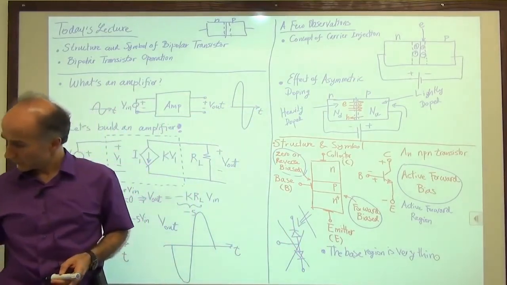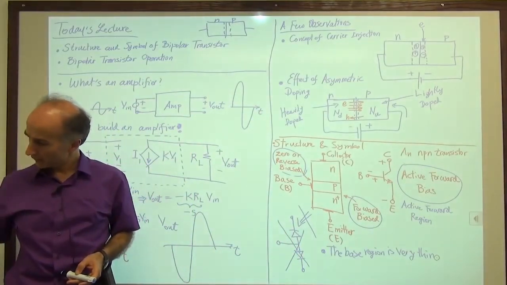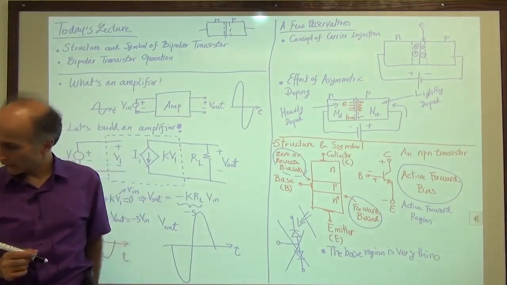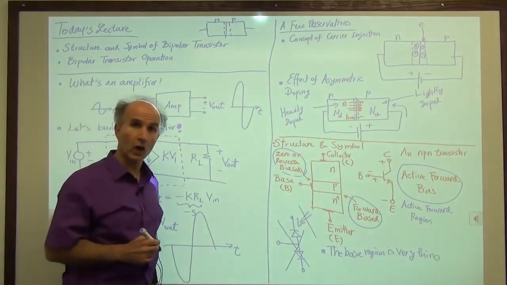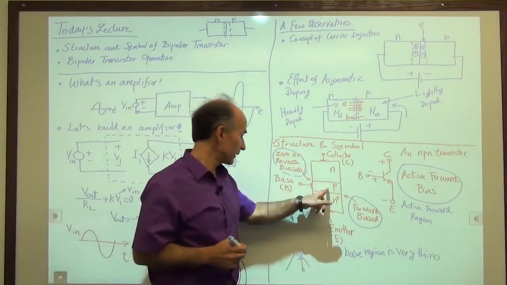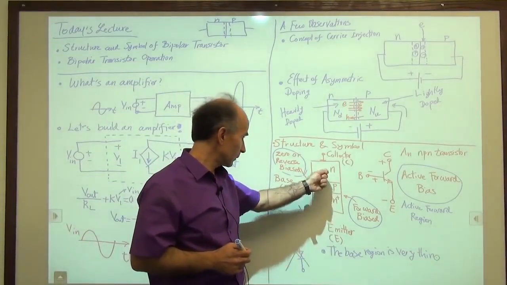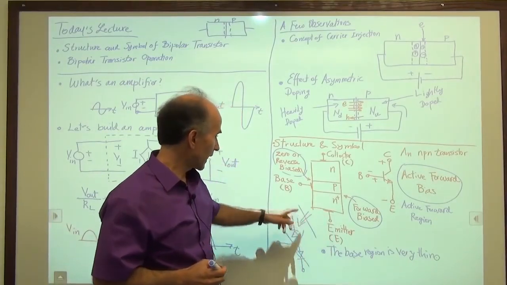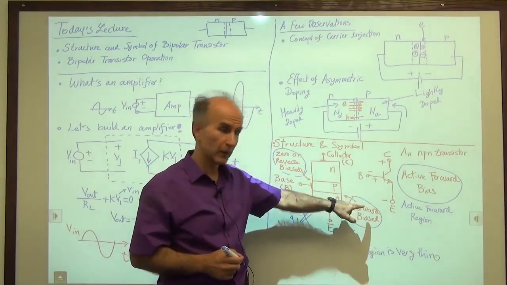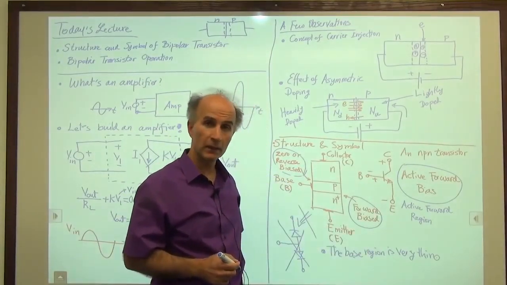All right, so with these preliminary considerations, we can now go and talk about the operation of the bipolar transistor. So we want to go inside here and study what's going on when I have a forward bias according to what I said before, and maybe a reverse bias here.